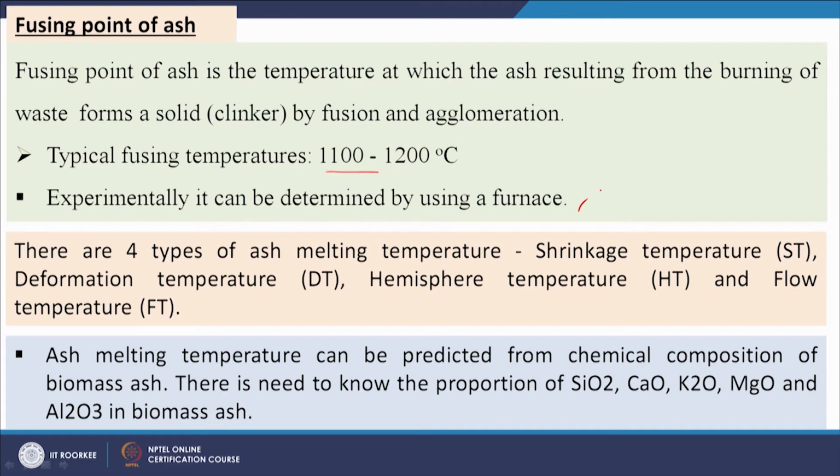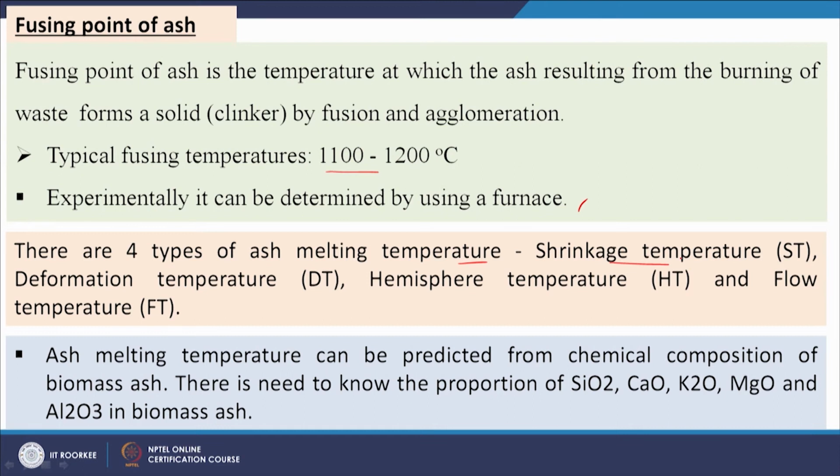There are 4 types of ash melting temperature. If we apply heat to the ash, then initially after a certain temperature it will shrink, and that is the shrinkage temperature, then it will deform, that is the deformation temperature.